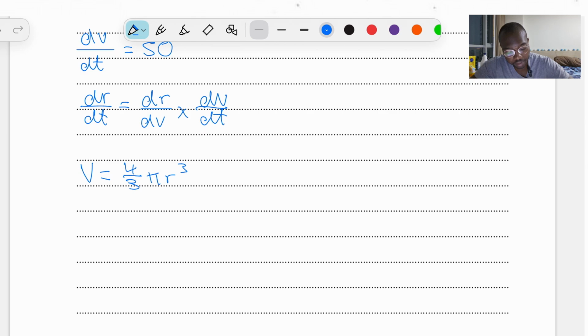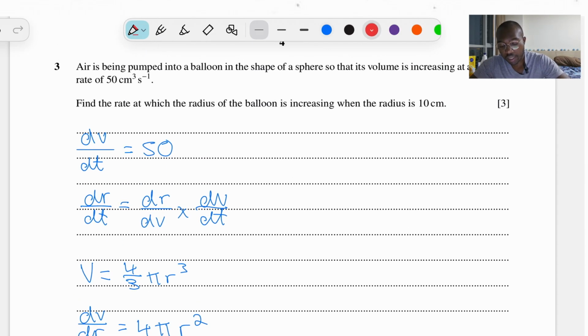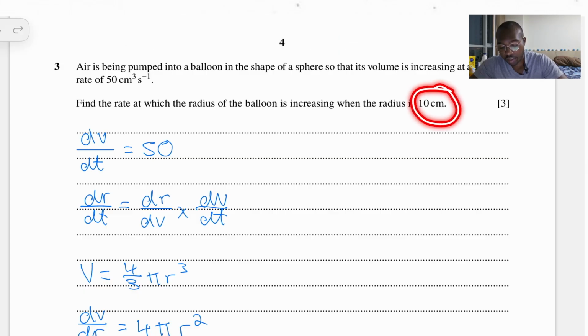So if we work out dV over dr, we just need to differentiate this with respect to r. So with 4 over 3 times 3, what would that be? That would just be 4. And then pi stays the same, and we bring the power down by 1. So therefore, 4 pi r squared. And they tell us in the question that we want it when r is 10.